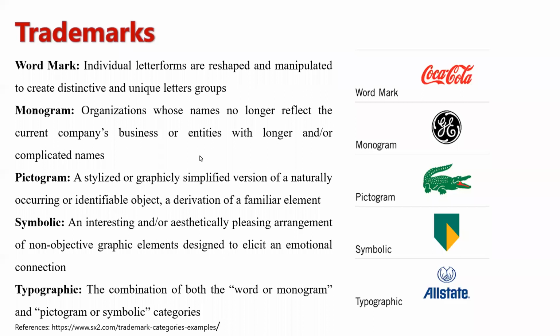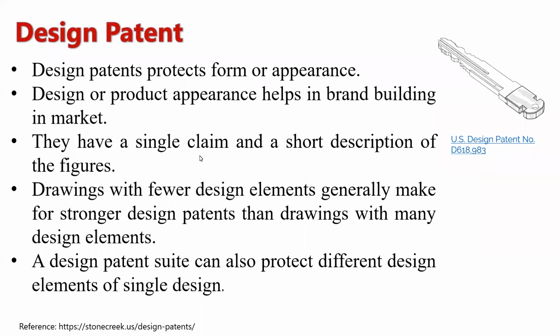Design patent. In the market, we see many varieties and brands of the same products. For example, car, television, a piece of furniture, any mineral water bottle, etc. in the market, which look quite different from each other.